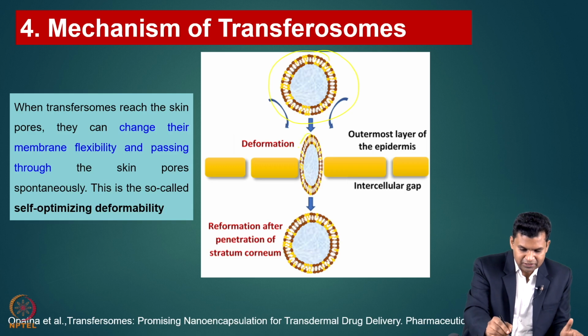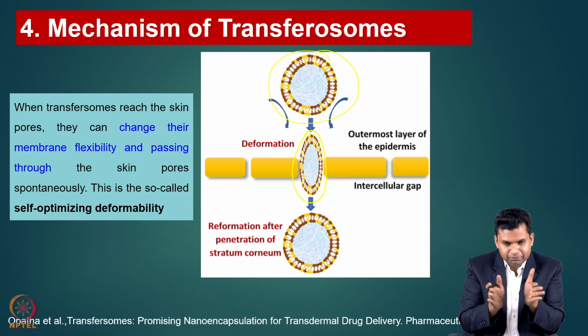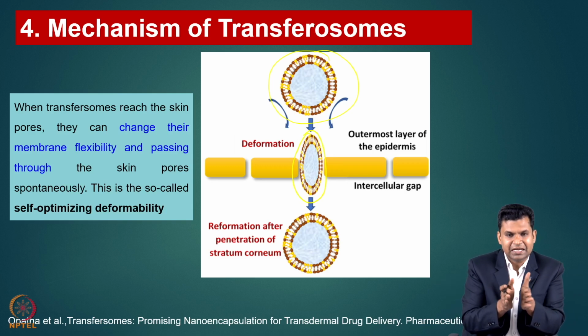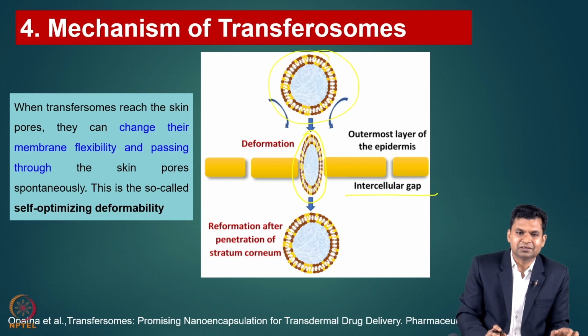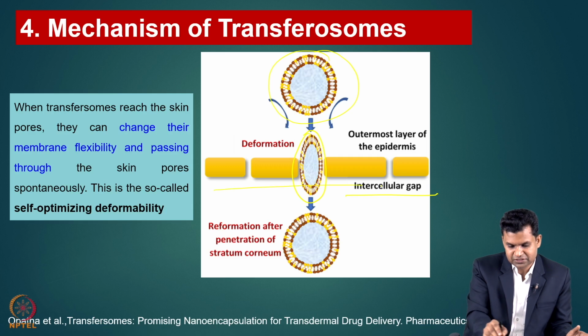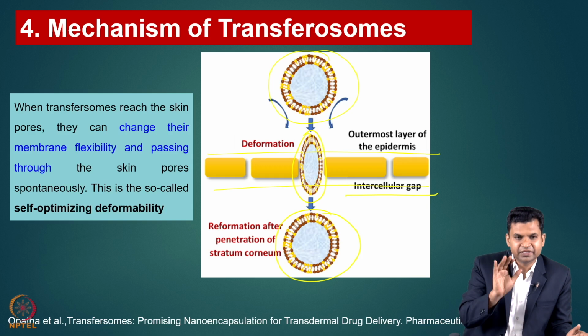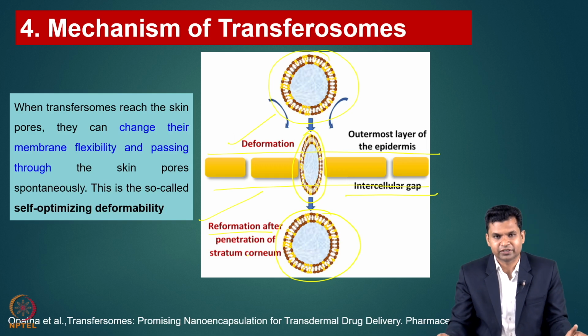You can see the self squeezing mechanism. They become a thin, deformable structure and pass through the gaps between the cells. Once it has crossed the cell layer, it again forms its original structure, only because of the edge activators. Here you can see the deformation and the reformation after penetration of the stratum corneum.